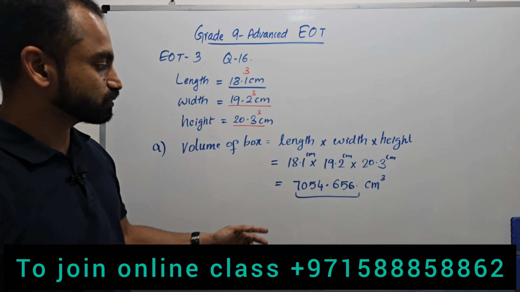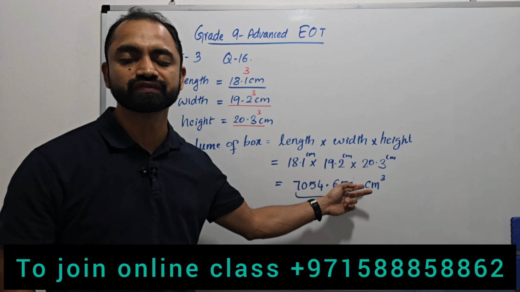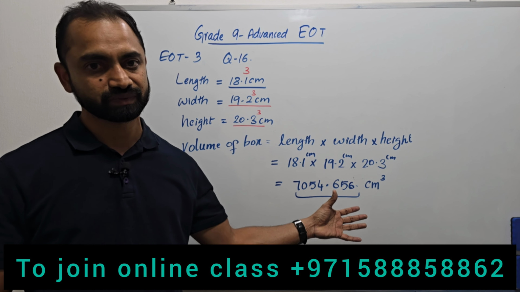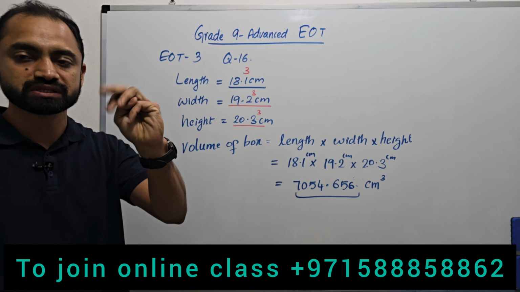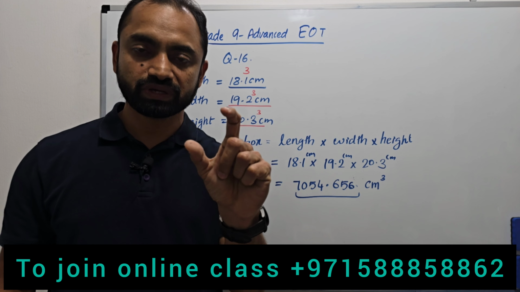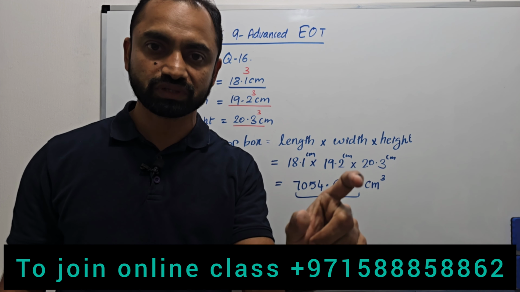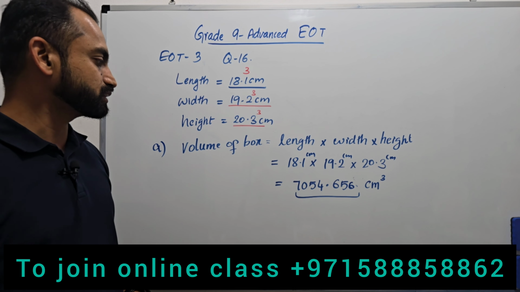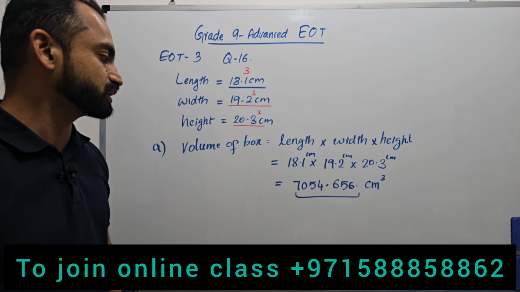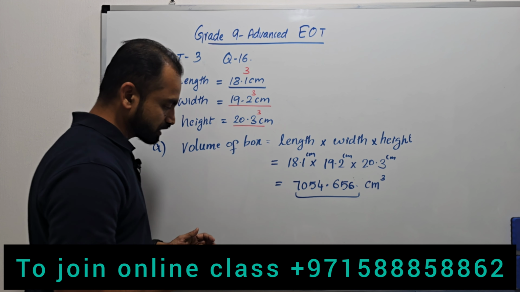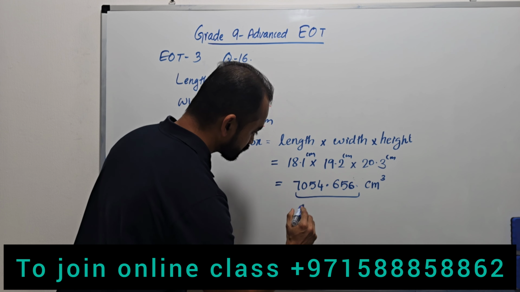Here in our answer, how many significant figures? There are 7 significant figures. That is not correct, because in the given values there are only 3. So we have to round the answer to 3 significant figures. How to round this?